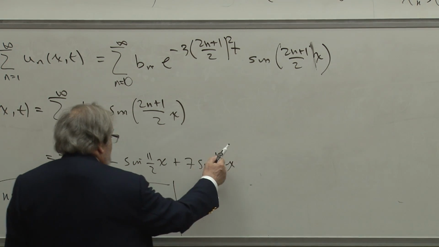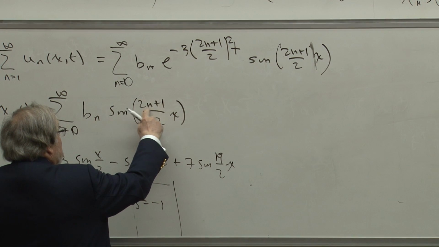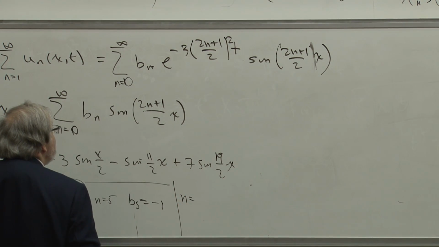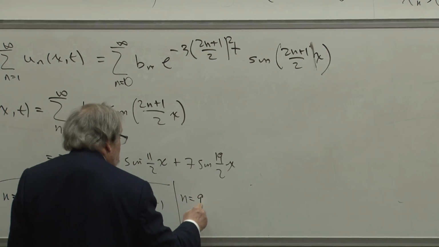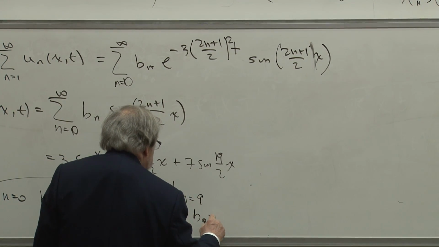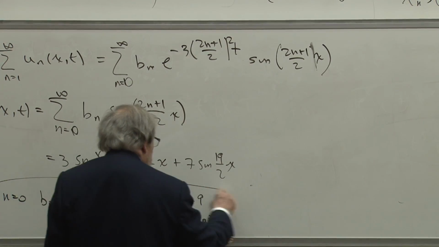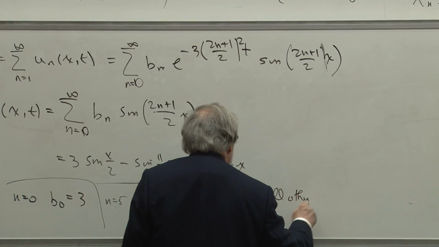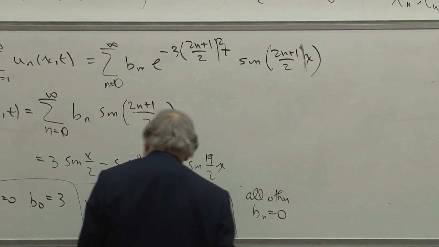The last thing, sine of 19 over 2 x. I get 19 over 2 from n equal 9. b9 is 7. All other b sub n's are 0.